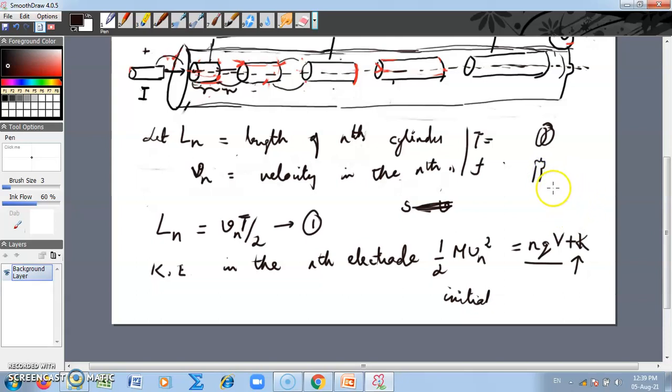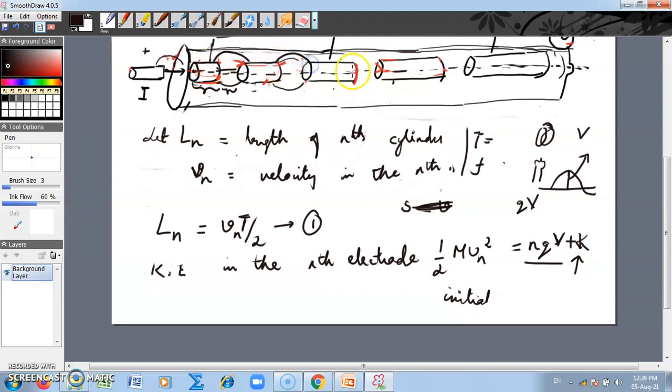So at a gap, if V is the peak voltage, because it's an AC source, we'll consider the peak voltage, which has a fixed value, then qV will be the energy gained by a charged particle at a particular gap.